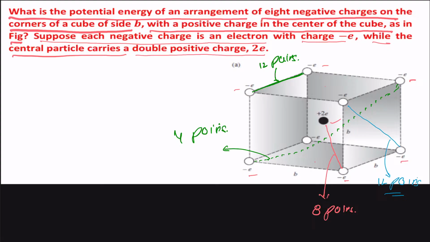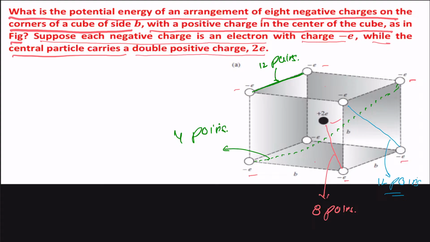With this type of problem, the important part is knowing how many pairs will be of opposite charges and how many will be of similar charges, because energy depends upon them.